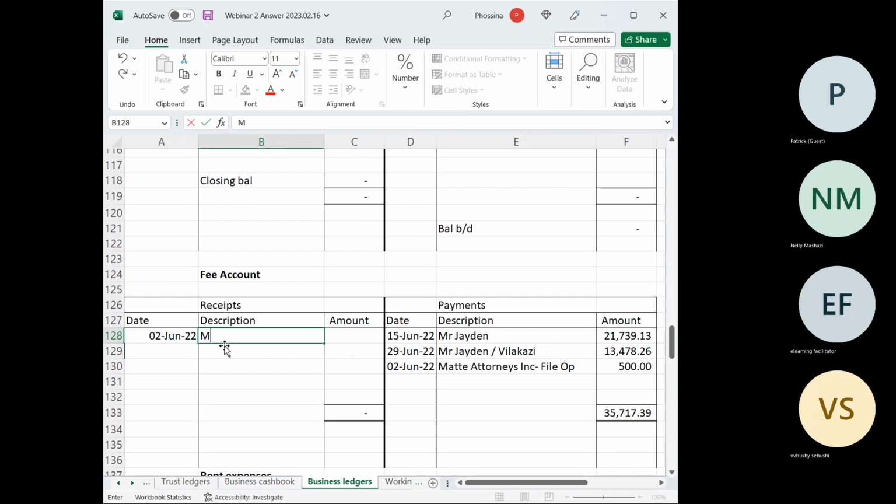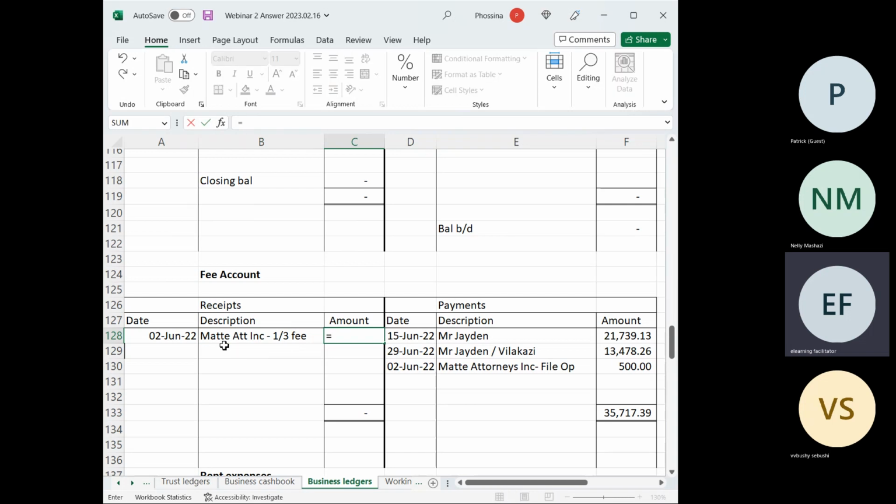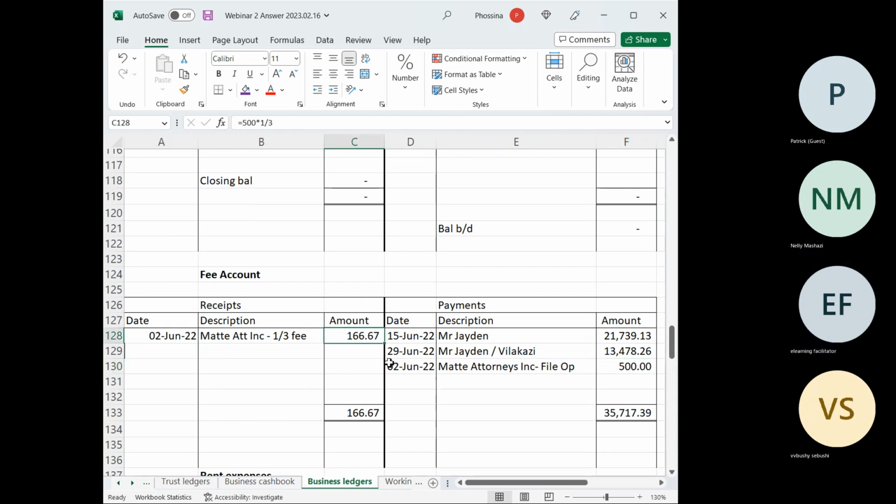So it's to Met Attorneys Inc., a third of the fee. So a third of the fee we are giving away because we're given a matter. It's not ours alone like that. We are going to give it to Met Attorneys. So this is how much we are reducing our fee with.